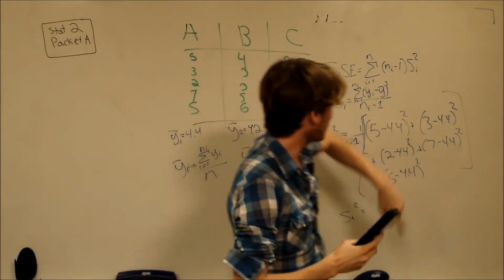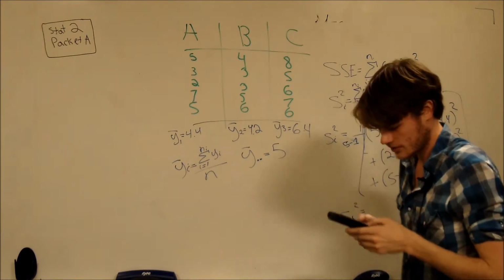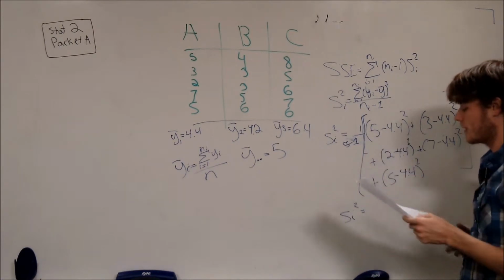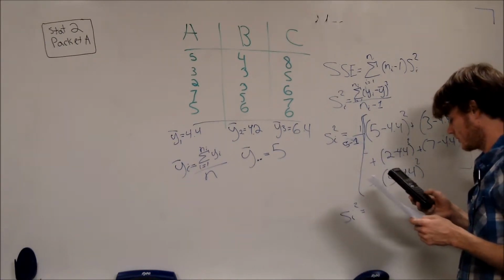Okay, all I'm doing is adding up each of these and then dividing the total by 4, which is n minus 1.